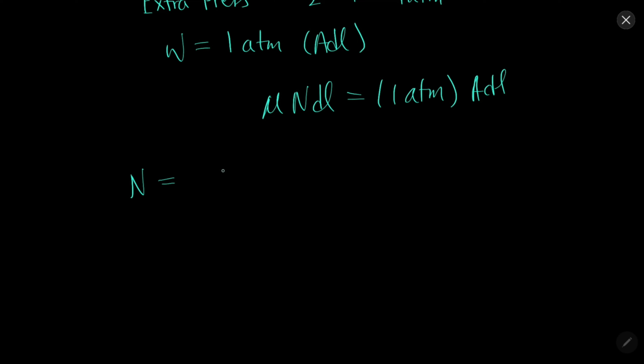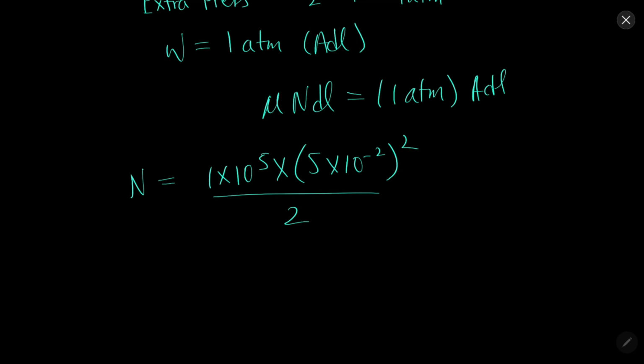N will come out to be 1 into 10 to the power 5 into (5 into 10 to the power minus 2) whole square over 2. The total circumference will be 2 pi r, so dN by dl is N over 2 pi r.